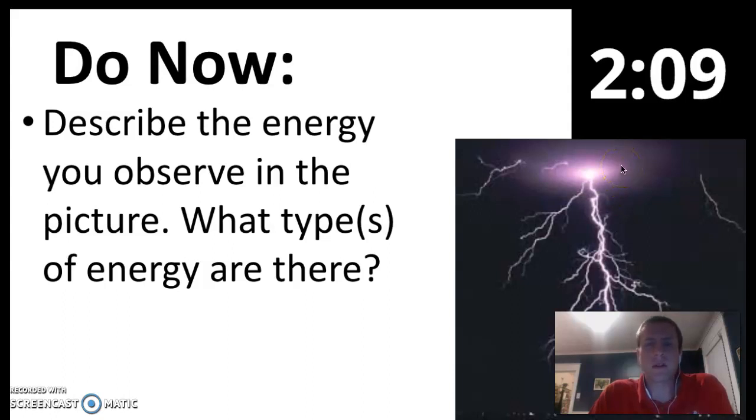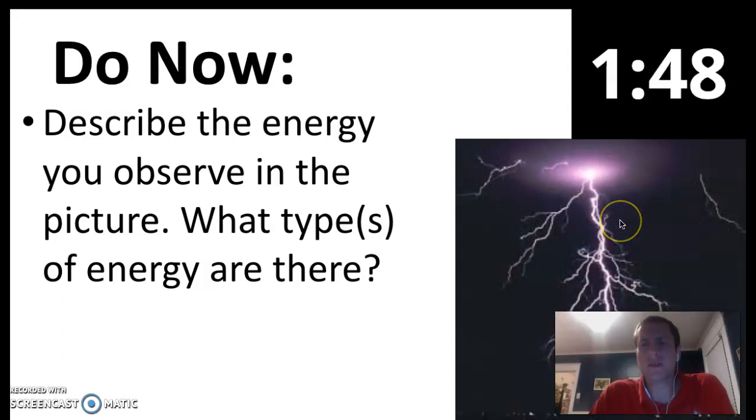So if you know anything about lightning, it's a mixture of electrical energy and radiant energy, which is light, right? We call light energy radiant energy. It radiates outwards. You have a tremendous amount of thermal energy as well.